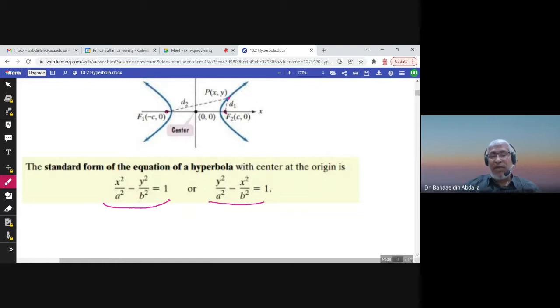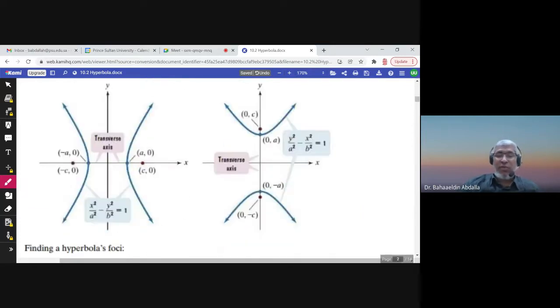This is a vertical hyperbola. The transverse axis here is vertical. This would be the graph. This is a horizontal hyperbola. The distance from the center to the vertex is a. This is a. The length of the transverse axis is 2a.